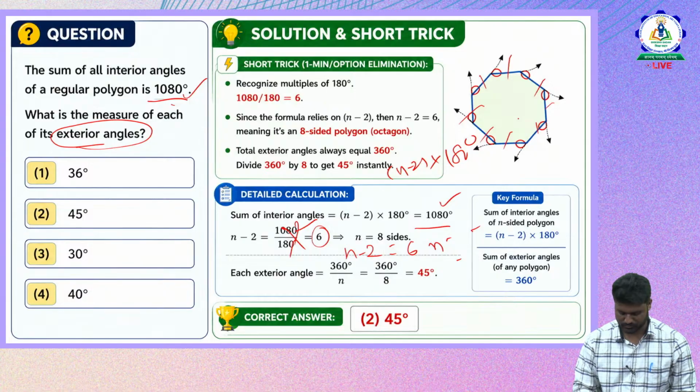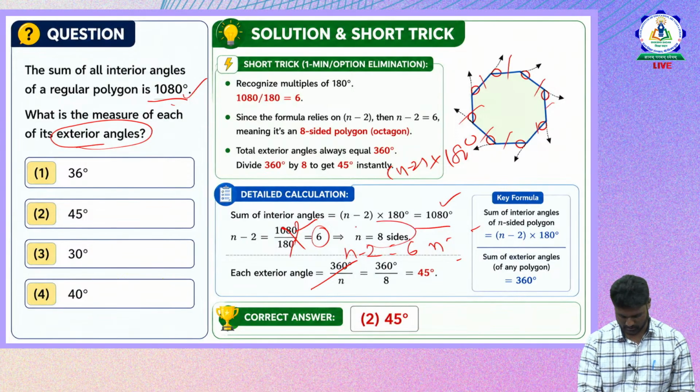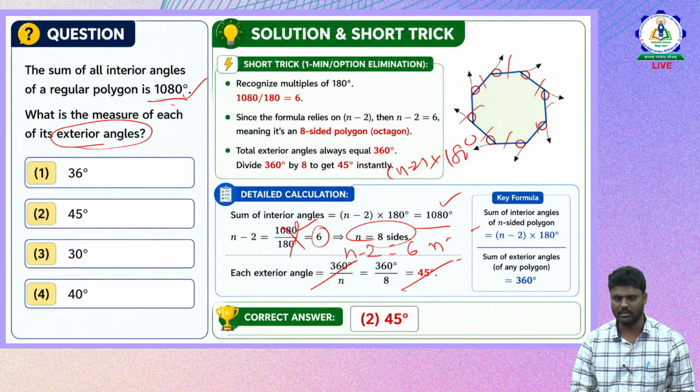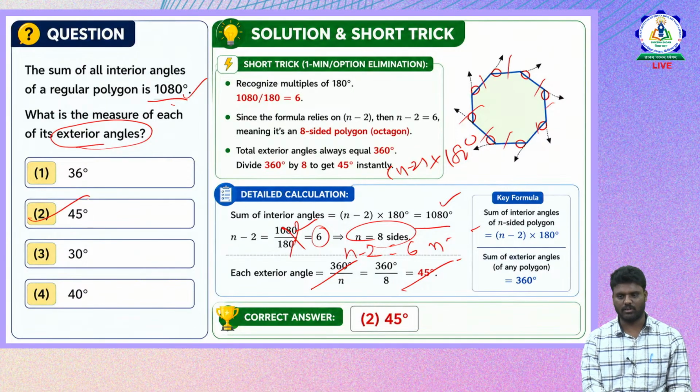The formula for each exterior angle is 360 degrees by n. We got n as 8, so 360 divided by 8 gives 45 degrees. The correct option is option 2, 45 degrees.